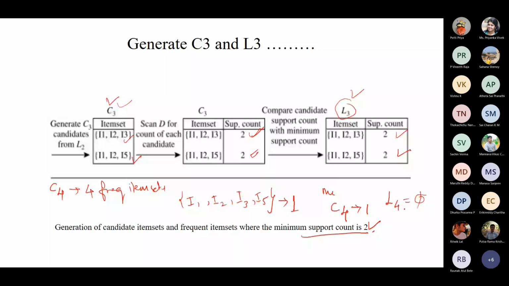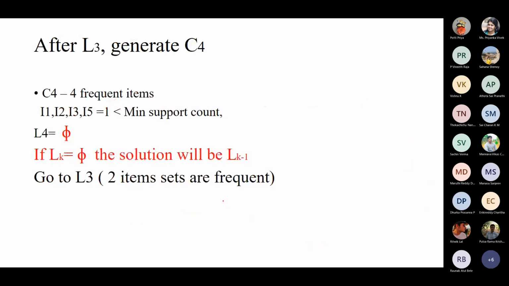See, in C4 the support count is 1. L4 is empty because the minimum support value is 2. Since this is 1, L4 becomes empty. For frequent items, support count is 1, which is less than minimum support. So L4 is empty.